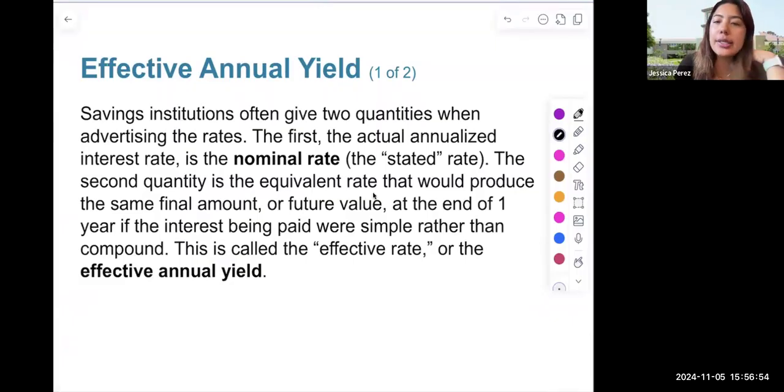The second quantity is the equivalent rate that will produce the same future value at the end of the first year, when the interest being paid is simple rather than compound. So the effective rate yields the effective annual yield. It's the value you pay after the year of interest.